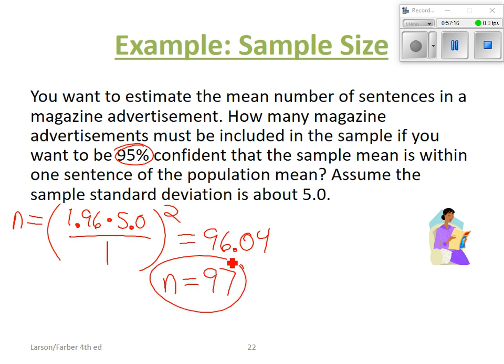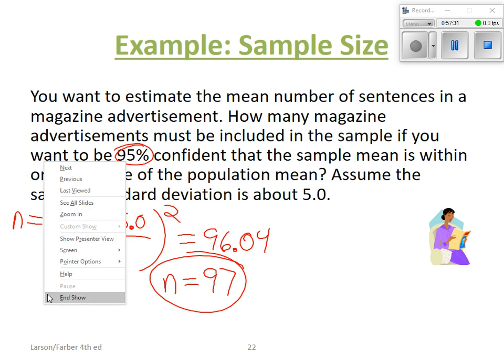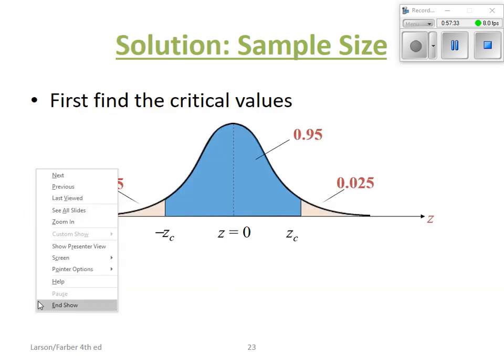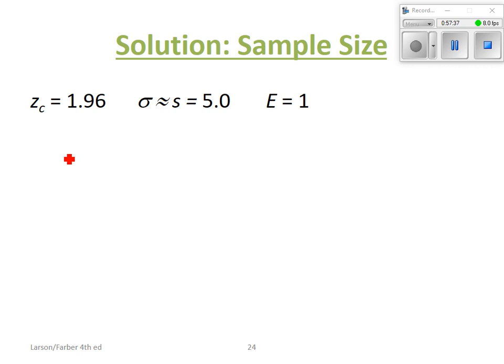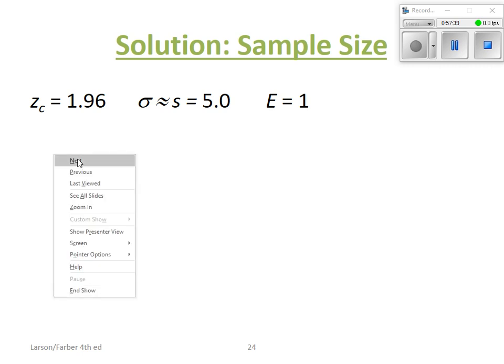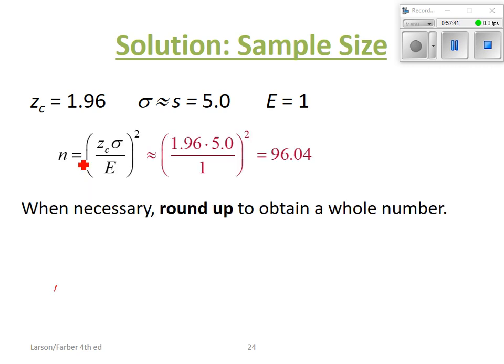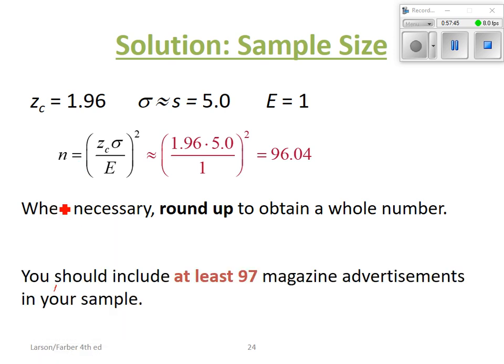So we need to look at about 97 different magazines or advertisements before we can actually have a number that makes sense. So we got all that. Our E was 1, and we did the math, 96.04, round up. So we said about 97.